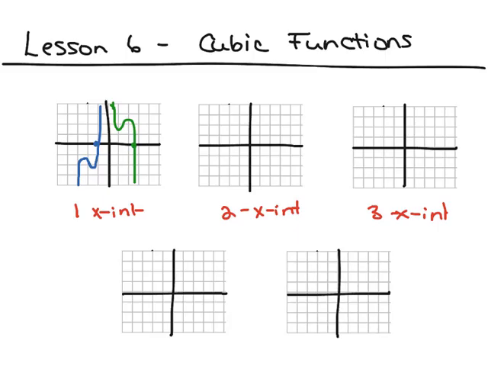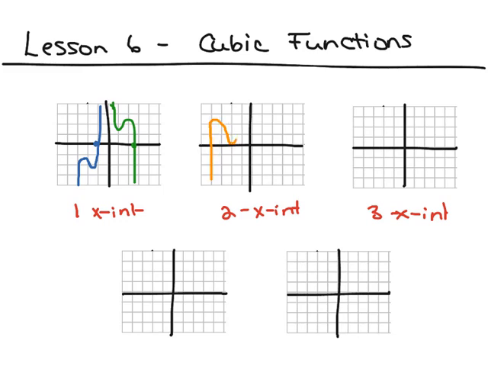So for this one, two x-intercepts has to go through the line once, comes down, touches it, but then comes right back up again. So that is how you would have two x-intercepts. It could go the same starting the other way.